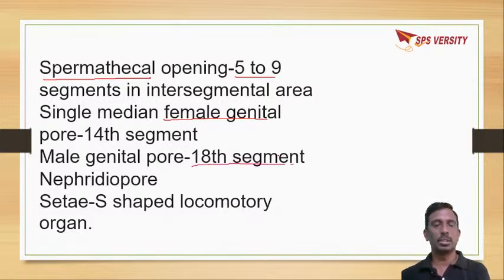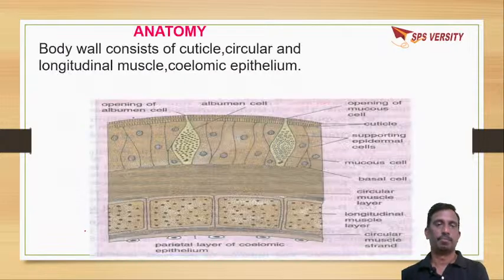Except in the first and last segment, there are setae, the S-shaped locomotory organs. The locomotory organs in earthworm are setae, which play an important role in locomotion. So this is the morphology, external features.